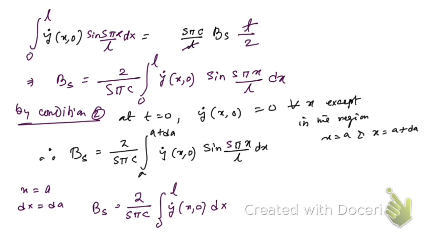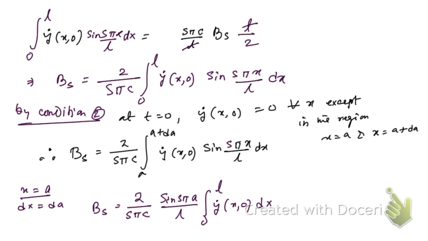And here, if you take this one as constant, you can write sine s pi x by L. That's how you can write. So instead of x, we're going to put a now. Okay, if we substitute x is equal to a, right?